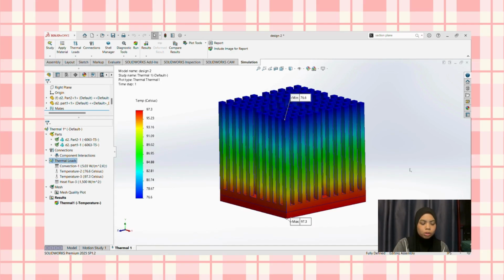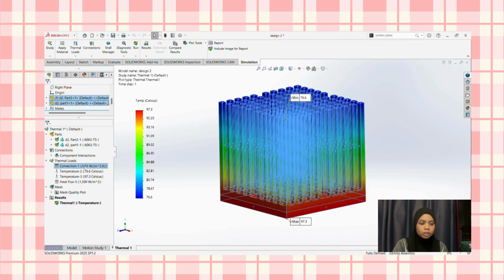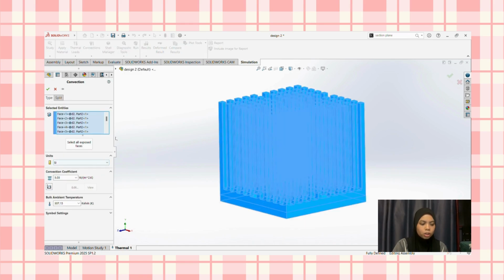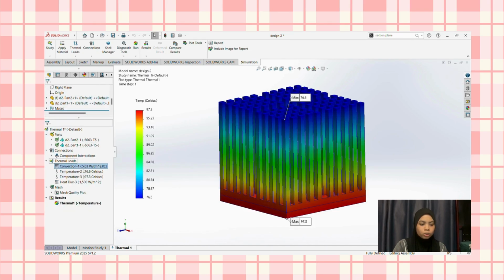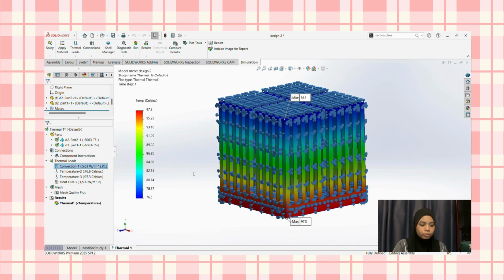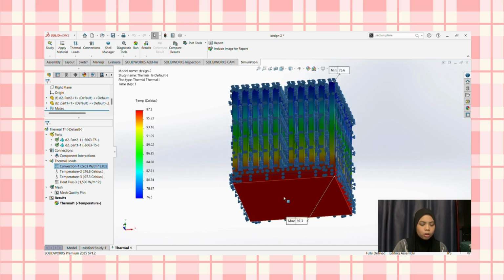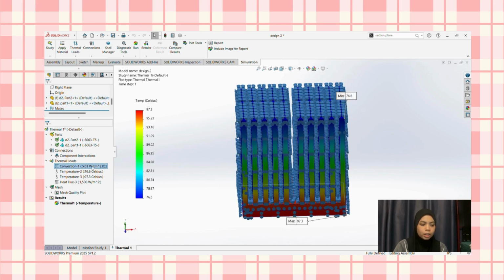This is the simulation of design 2. The material that I use is aluminium alloy 6063 T5, and the convection coefficient I set is 5.03. The ambient temperature I choose is 34 Celsius, so I convert it to Kelvin, 307.15, and I set the convection coefficient to all sides except the bottom side.